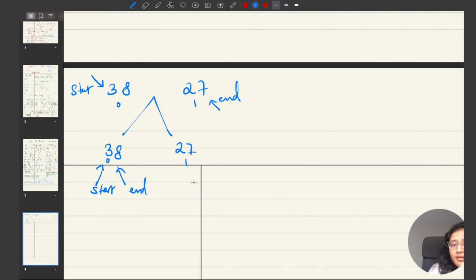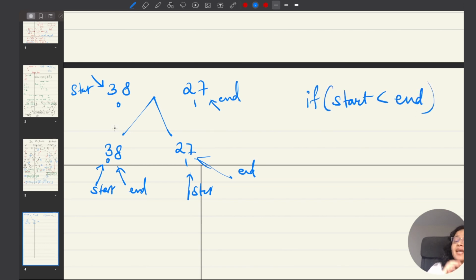For index number 1, this will be your start and this will be your end. You made a choice of dividing only when start is less than end. Do you agree? Take any subproblem. If the size of the subproblem is 2 or more, you're going to divide, correct? And that subproblem, which is of size 2 or more, is always going to fulfill this condition that start index is less than end index.